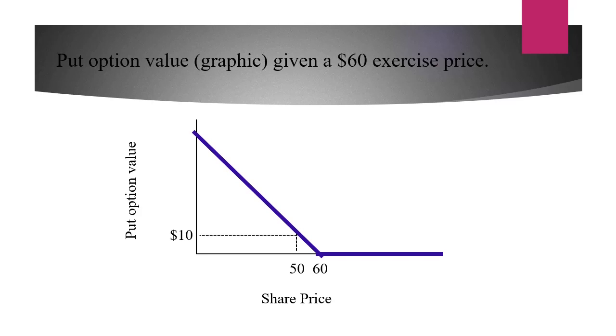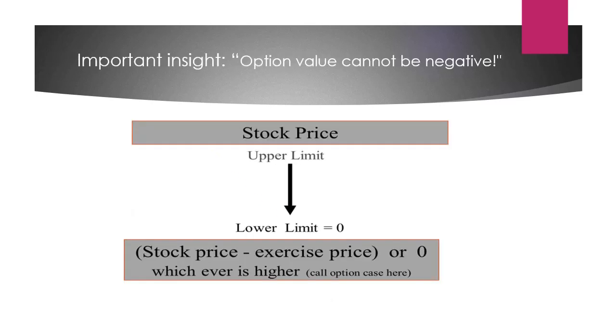The price of the underlying asset in this case is $50, and that is less than the strike price, so the owner of the put option will exercise the option and sell the stock at the strike price, claiming the difference between the strike price and the market value of the asset as a gross profit, and that in this case is $10.